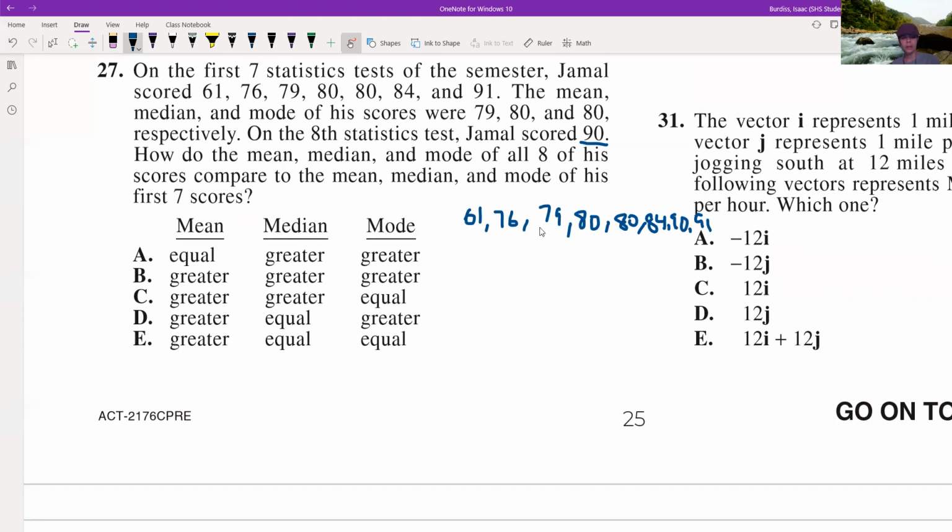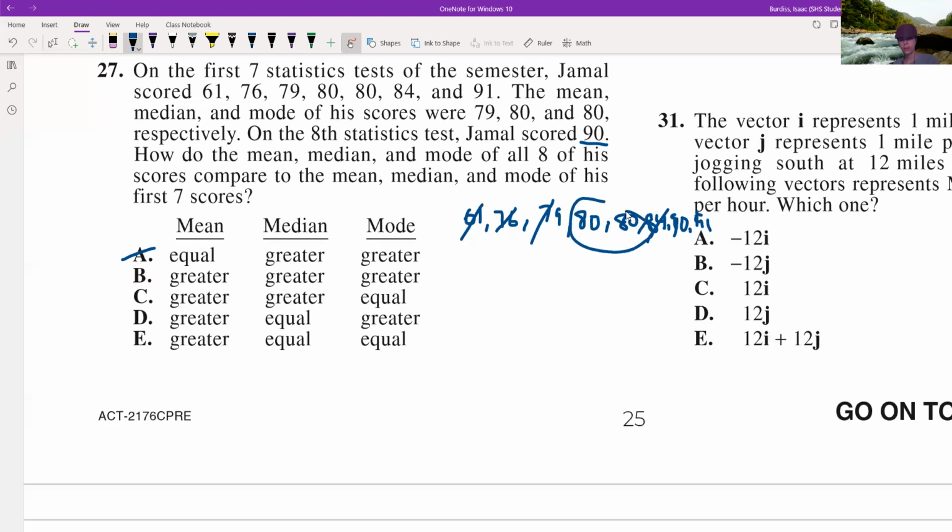So mean, add up all those, divide it by 8. If you did that, it would be greater. So it's not A, because the mean is greater. The median is the number in the middle. What is the number in the middle?